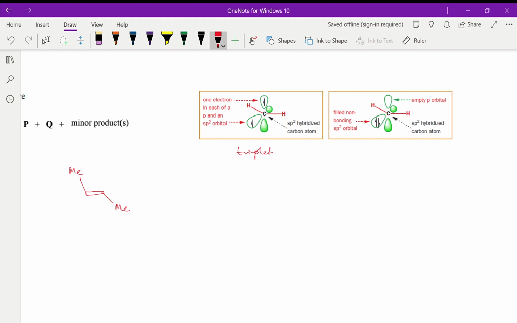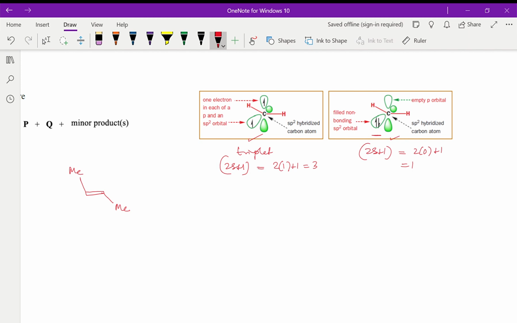Why are we calling it a singlet? Because it has paired electrons. Its multiplicity, 2s plus 1: for the singlet, s is 0, so it is 1; for the triplet, s is 1/2 plus 1/2, that is 1, so 2 into 1 plus 1 is 3. That is why this is called a triplet and this is called a singlet.